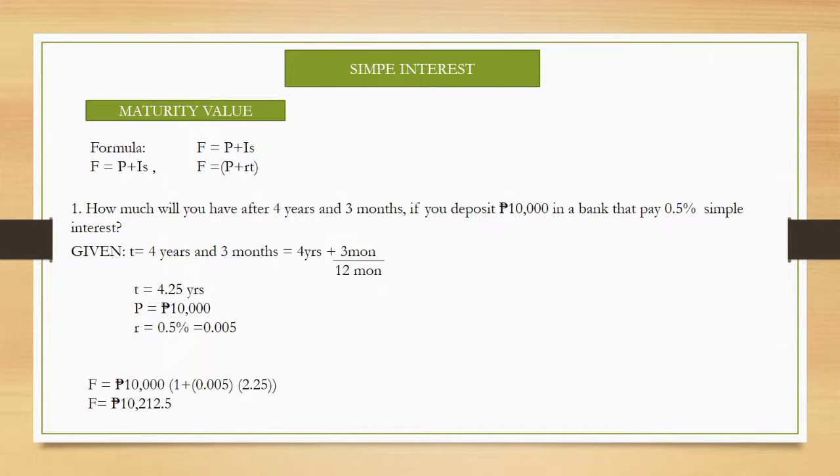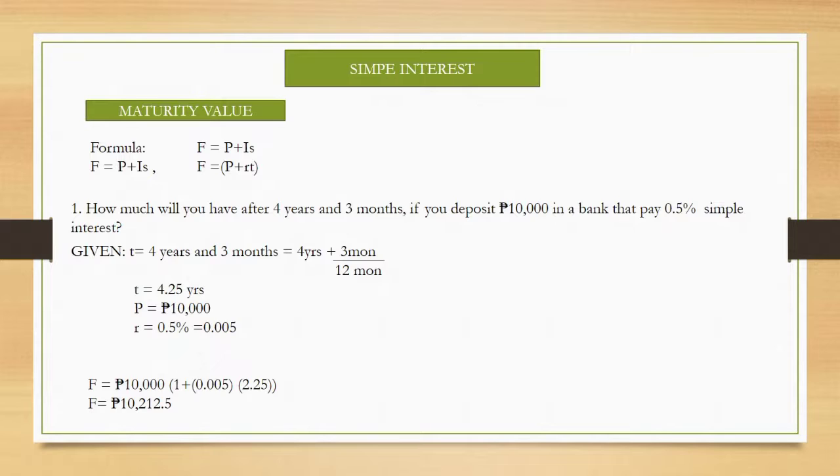In order to get the value of the future, or maturity value, we should compute first the inside of the parentheses as per the PEMDAS rule, or parenthesis, exponent, multiplication, division, addition and subtraction. So first, let's compute 0.005 times 4.25, and it is equals to 0.02125.